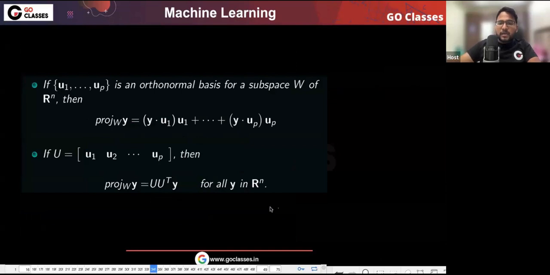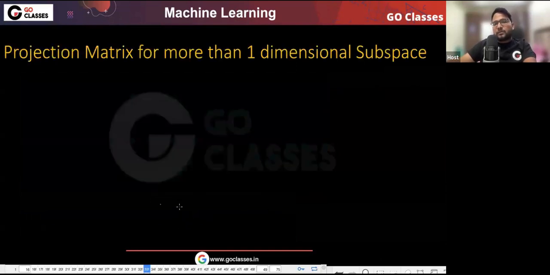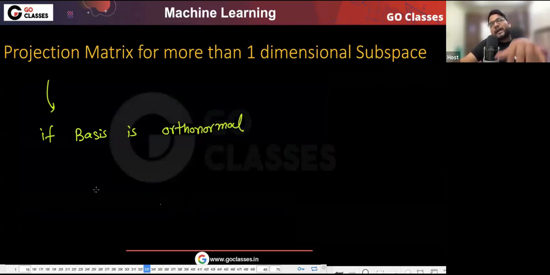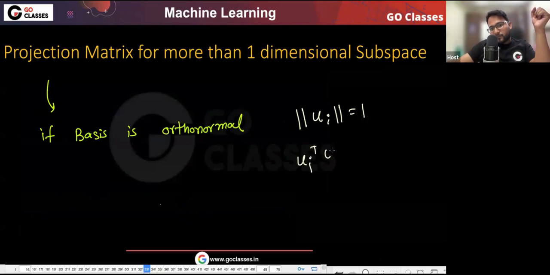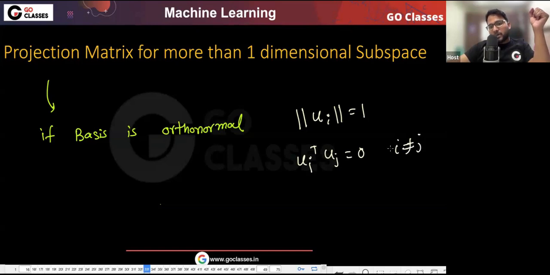So let's suppose this is a more than 1D space, and if the basis is orthonormal, which means every vector has length 1, then the projection matrix corresponding to that particular vector space is like this.